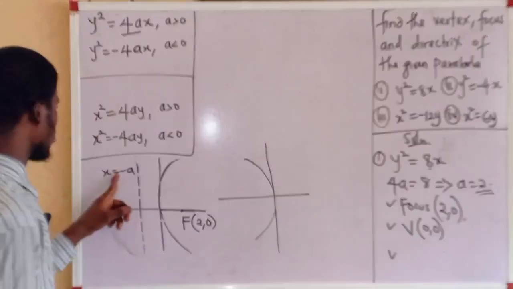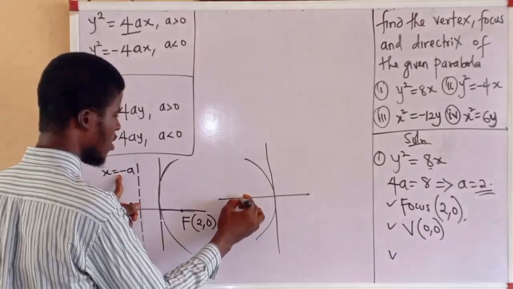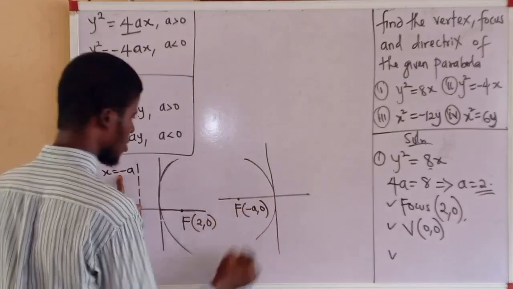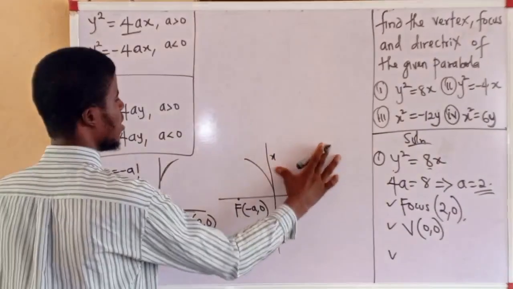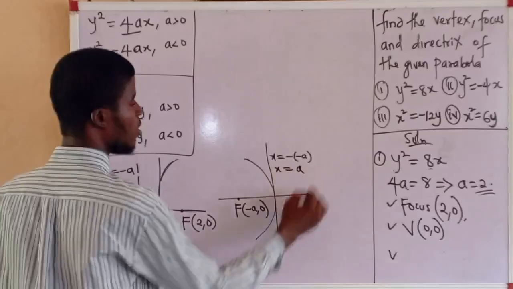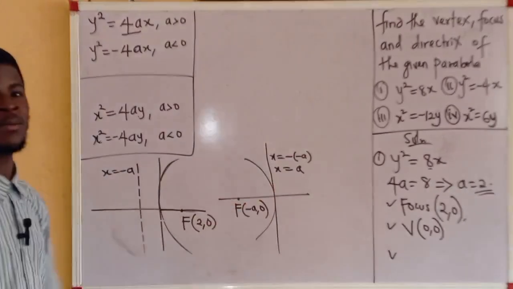The directrix will not have this equation. Do you know why? The value of a here will be negative. So we'll be having x equal to minus a, which is x equal to a. That will be the directrix of this parabola.